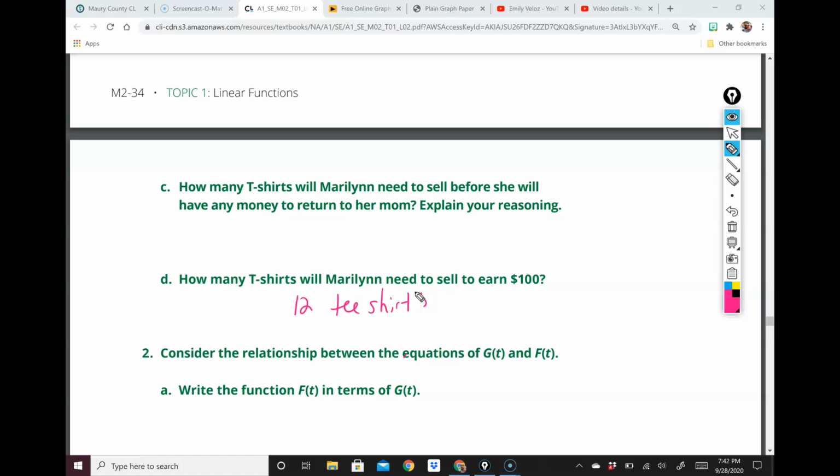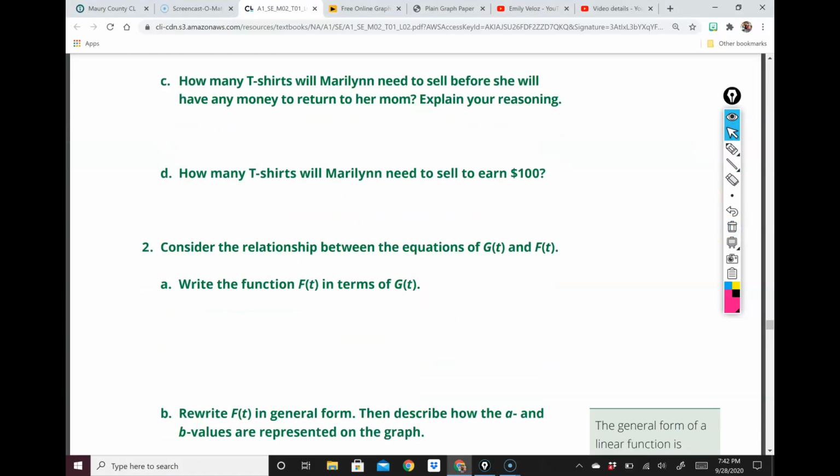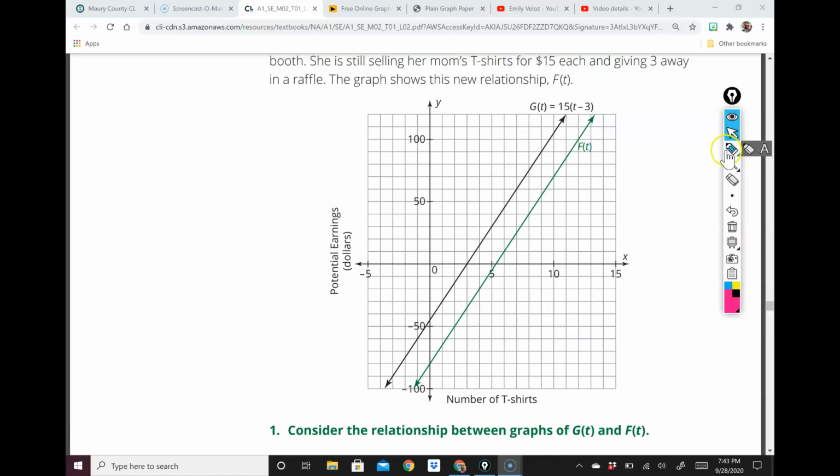Number 2, consider the relationship between the equations g(t) and f(t). Write the function f(t) in terms of g(t). So let's look at these two equations.